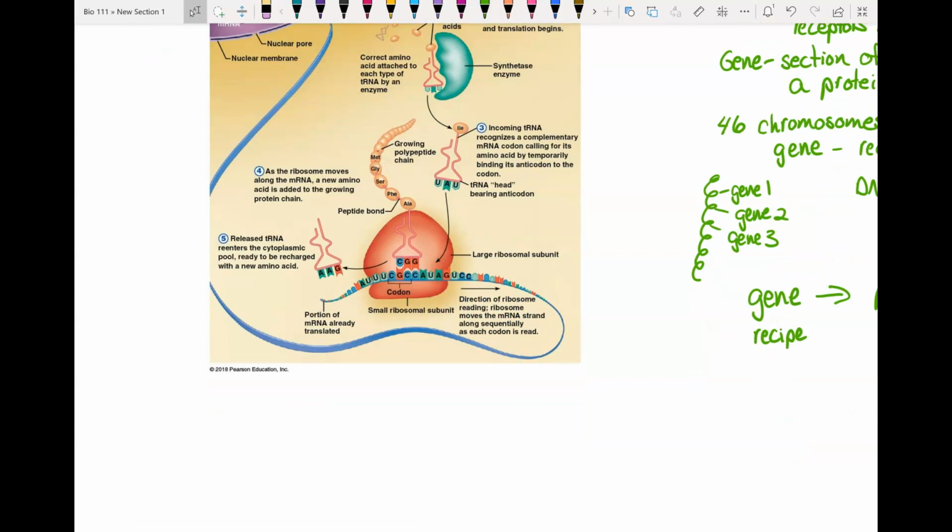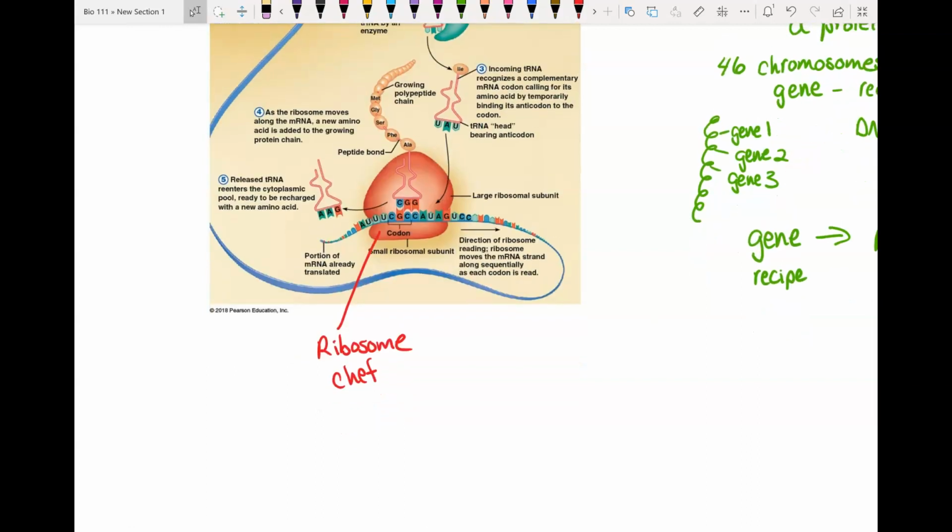Out here in the cytoplasm of the cell is your ribosome. Think of the ribosome as like the chef. The chef is the one who follows the recipes and makes the food. So the ribosome builds the protein. And if you remember from before, a protein is a chain of amino acids. So each of these here, like where it says met, gly, ser, these are your amino acids.